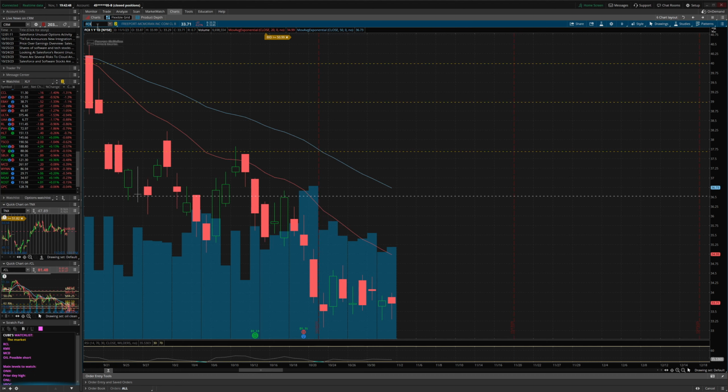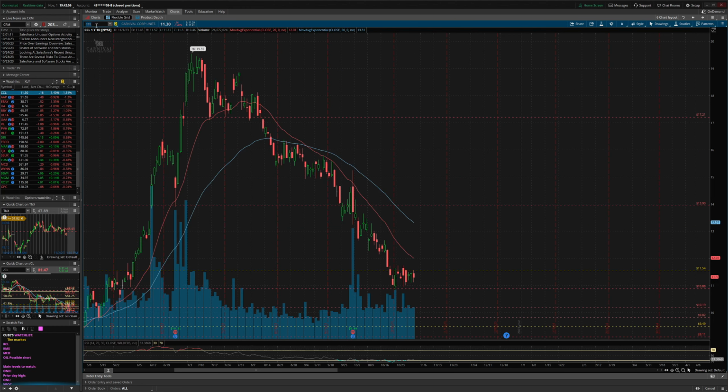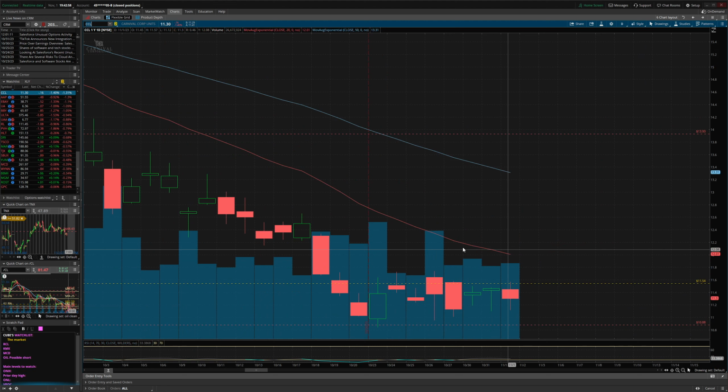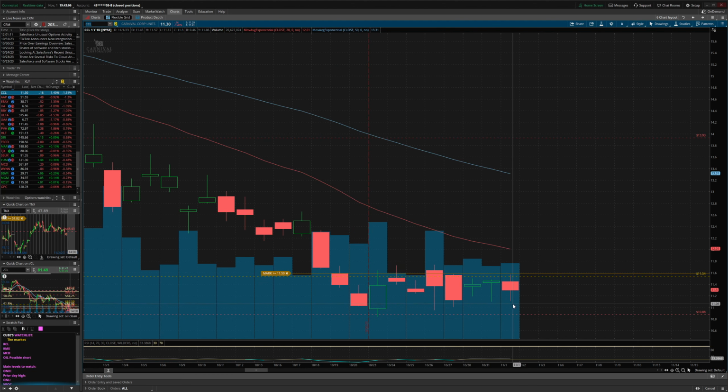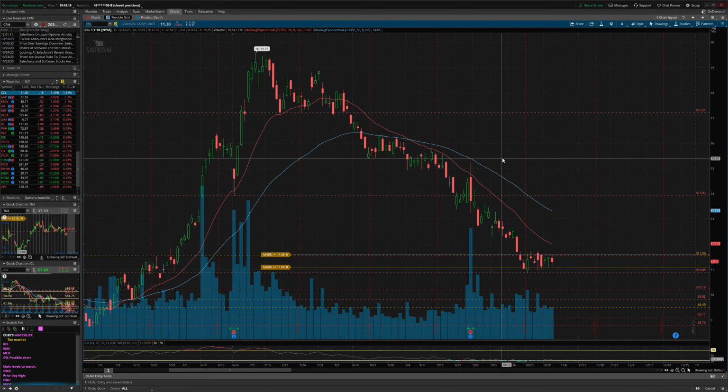So we're gonna look at Delta Airlines consolidating at the lows and CCL consolidating at the lows. So I think there's a lot of compression right here. I'm gonna keep an eye on this compression to have a resolution. I highly doubt tomorrow, but we're gonna keep an eye on this. Well, I like this compression, but I think it can go further down because of the daily 20 once it catches up.